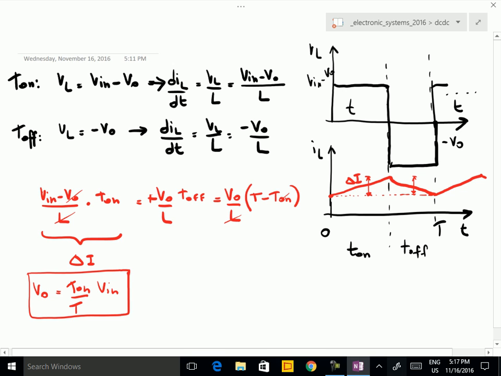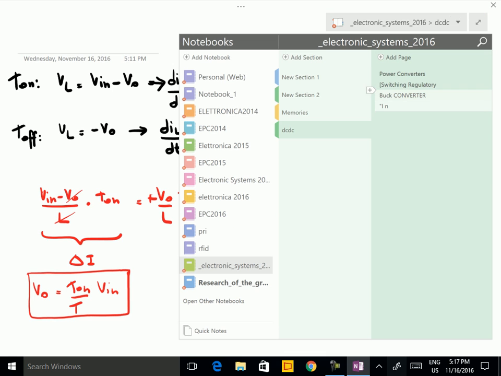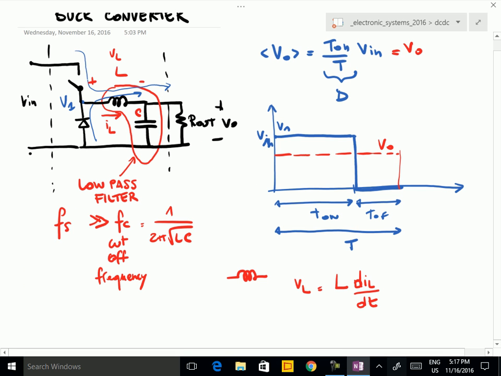So in the inductance, I have a current which is increasing and decreasing during a period, and at the output I have a constant voltage. And this means, of course, that the constant part of IL goes through the R out, the output resistance, because the voltage is constant, so also the current is constant.